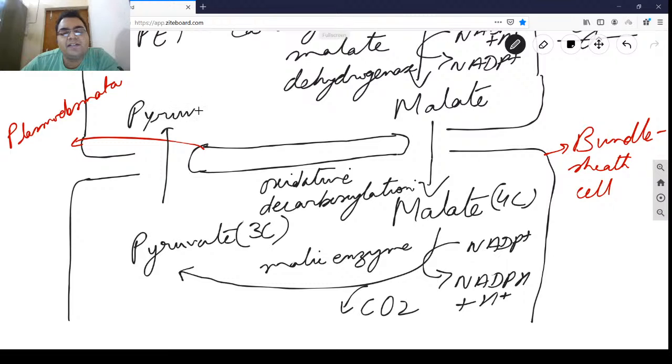Pyruvate will go back to the mesophyll cell, and then it will be converted to phosphoenolpyruvate. Here the enzyme is a very special enzyme known as pyruvate phosphate dikinase.